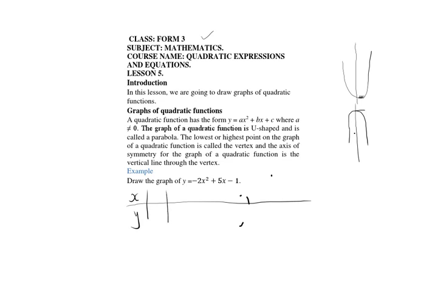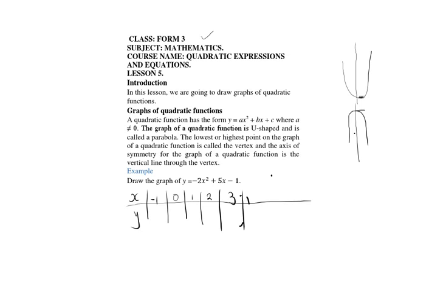I'll take the values of x from -1 to 3. So we have -1, 0, 1, 2, then 3. To get the corresponding values of y, we need to substitute the values of x in the function.